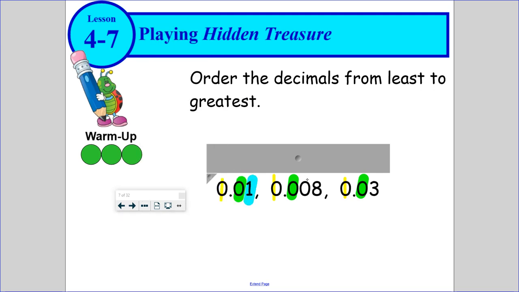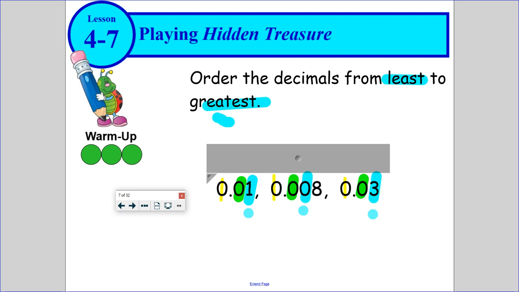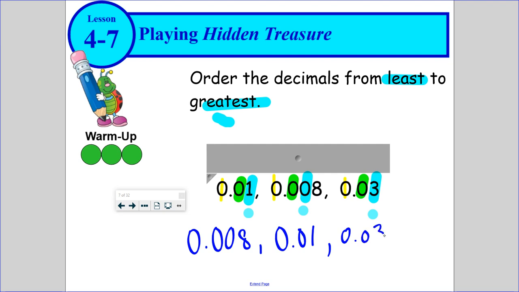I see a 1, a 0, and a 3 just in the hundredths place. So I know if I'm going least to greatest, I'm going to put the 0 first, then the 1, and then the 3. So when I'm writing these out, I'm going to write 0 and 8 thousandths, then 0 and 100th, then 0 and 300ths.